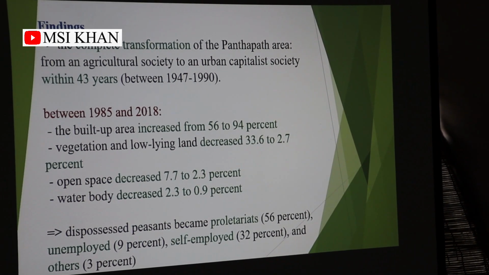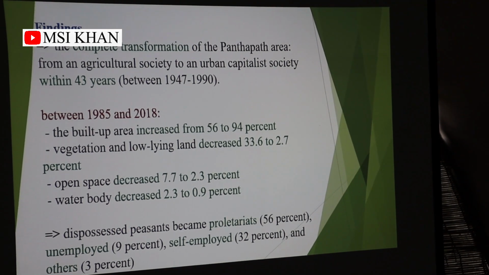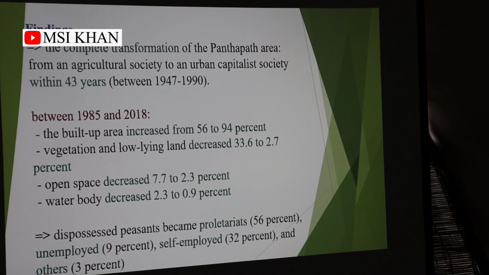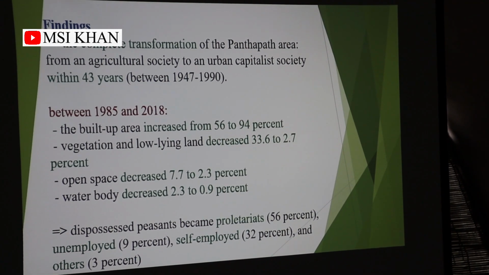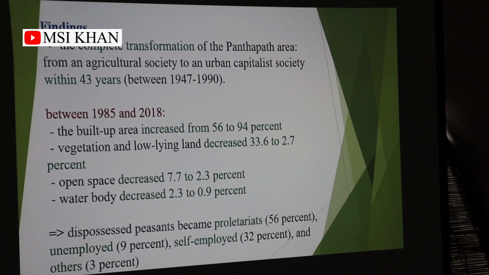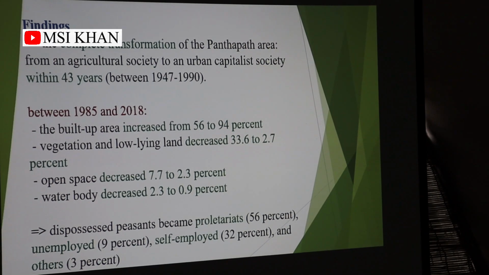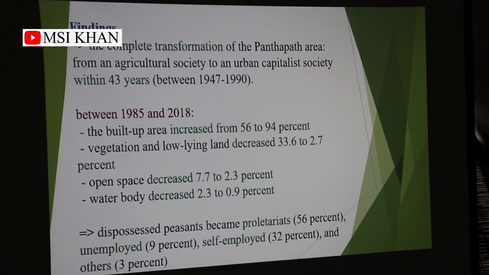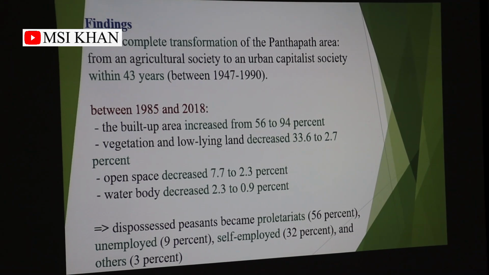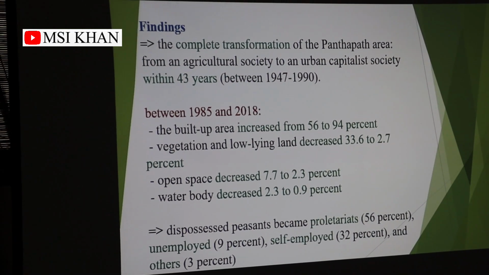Dispossessed peasants became proletariats. See the evidence here, 56%. Those who were in agriculture, the peasants, became workers, 50%. Unemployed 9%, self-employed 3%, and others 3%. These are the conversion of peasants into various wage working classes.